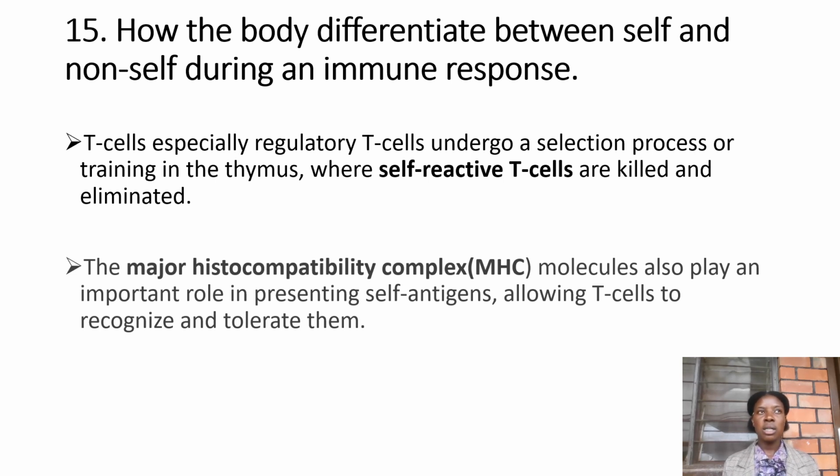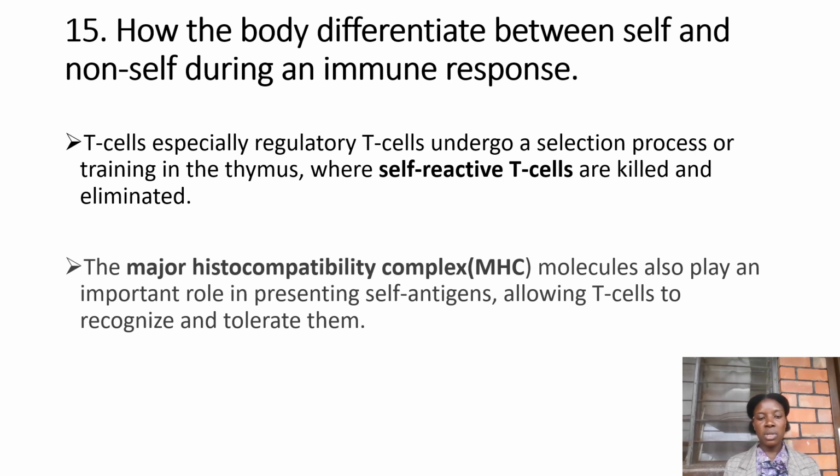Once the T cells originate from the bone marrow, they go to the thymus for maturation, where they undergo a selection process. In that selection process, T regulatory cells are very important in killing and eliminating self-reactive T cells.